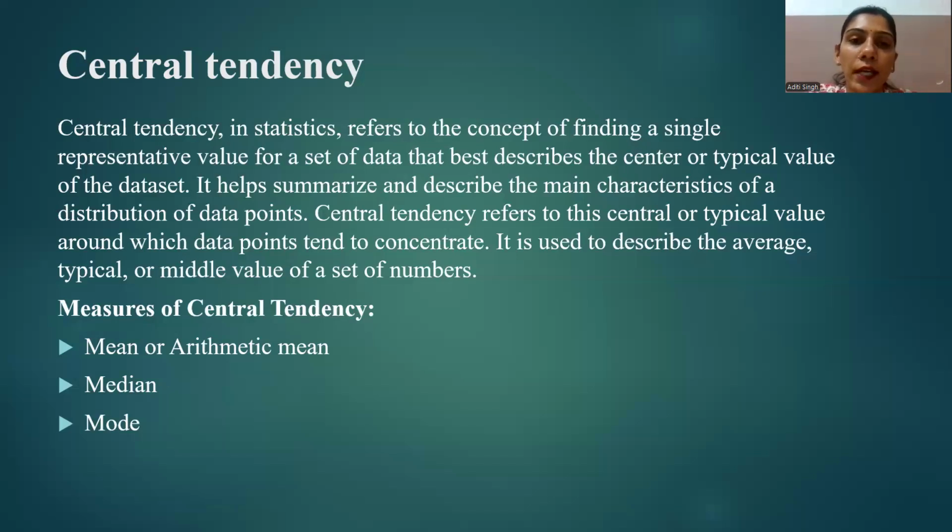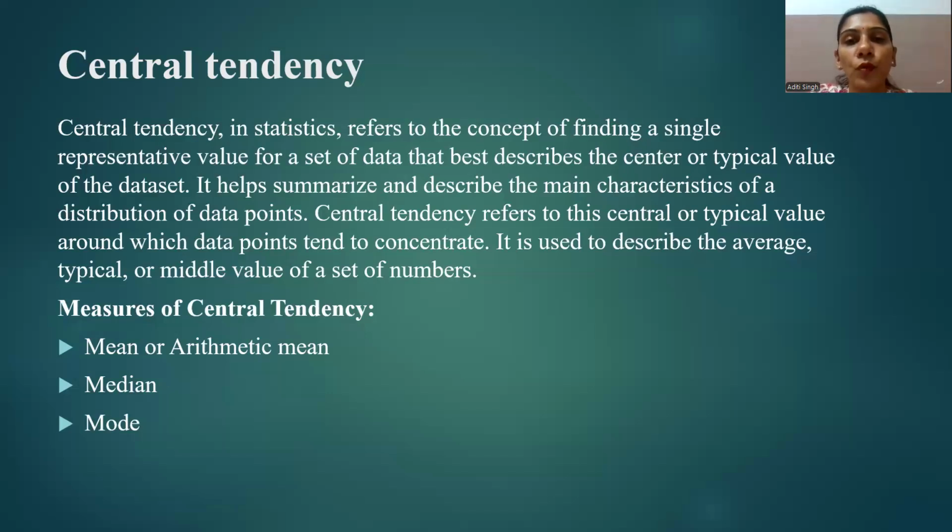In statistics, central tendency is the descriptive summary of the data. As we discussed, central tendency comes under descriptive statistics. Through a single value from the data set, it can reflect the center of the data distribution.